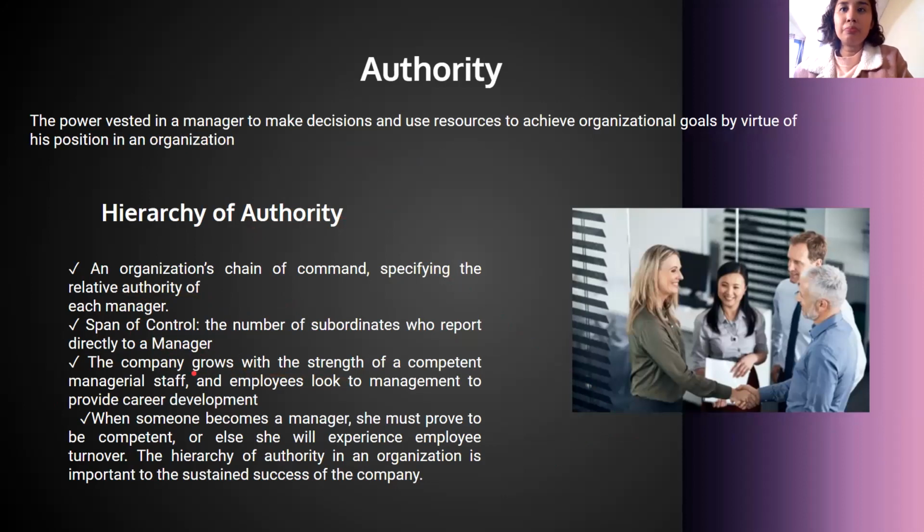So guys, people have authority over us because of their competence, because of years of service, or years of experience. When someone becomes a manager, she must prove to be competent, okay? And she will experience employee turnover. The hierarchy of authority in an organization is important to the sustained success of the company, okay?